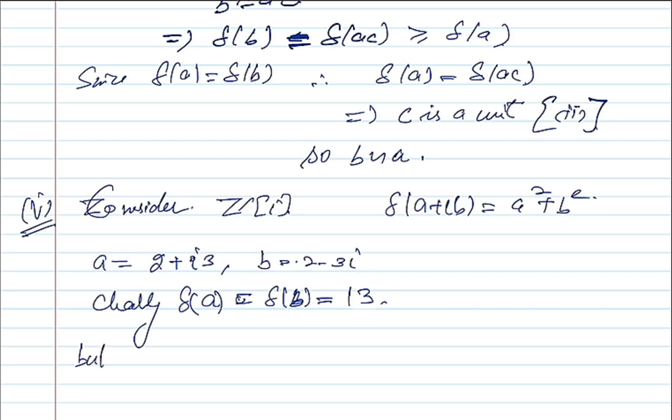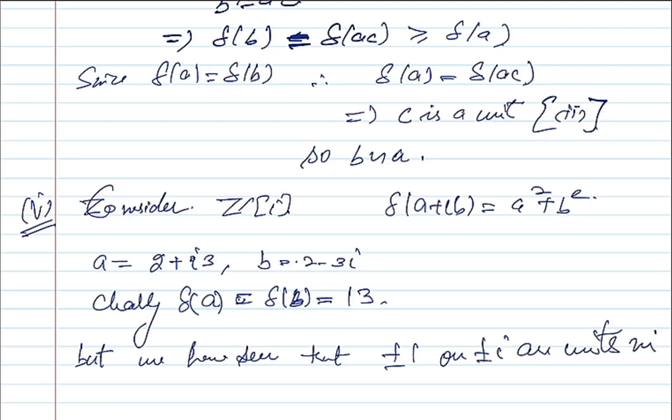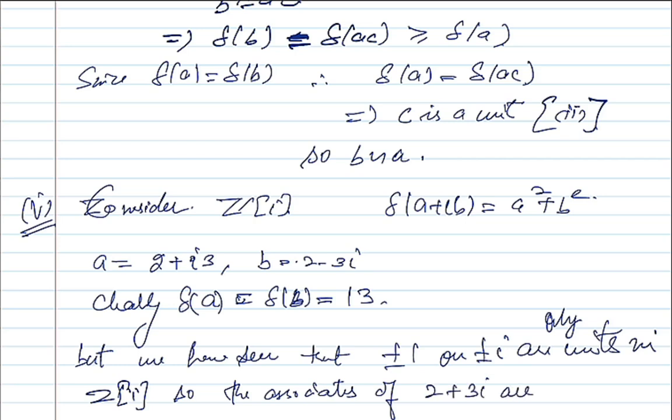But we have seen that plus minus 1 or plus minus iota are the only units in Z[iota]. So the associates of 2 plus 3 iota are 2 plus 3 iota itself, then multiplying by minus 1, minus 2 minus 3 iota.